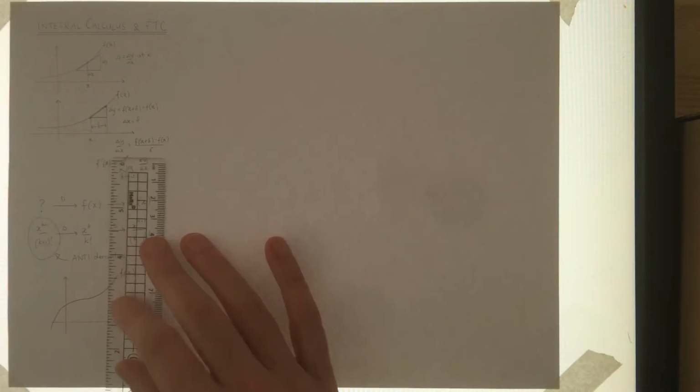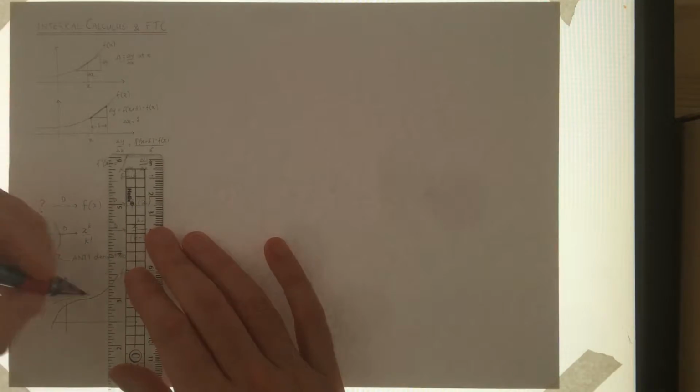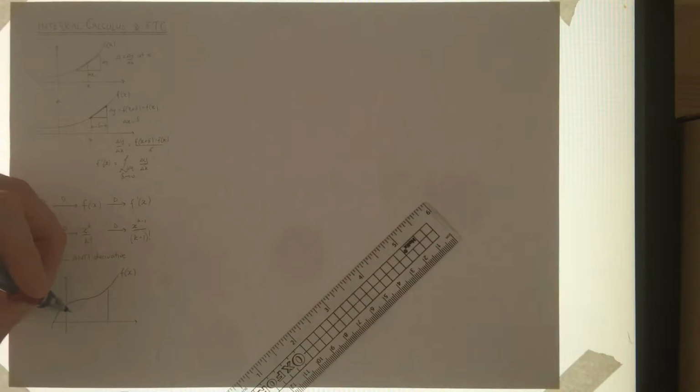If we consider the area function, area at x, here's x, and this is area for that x value.